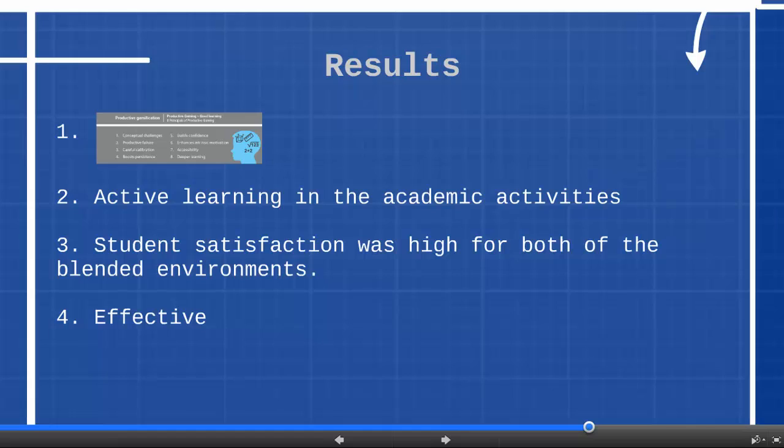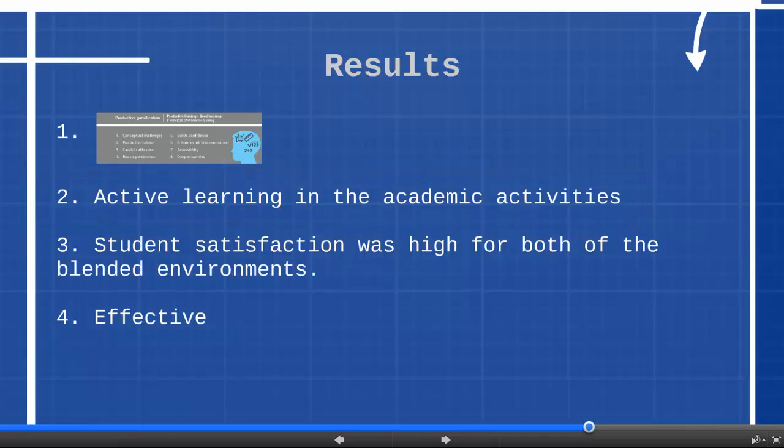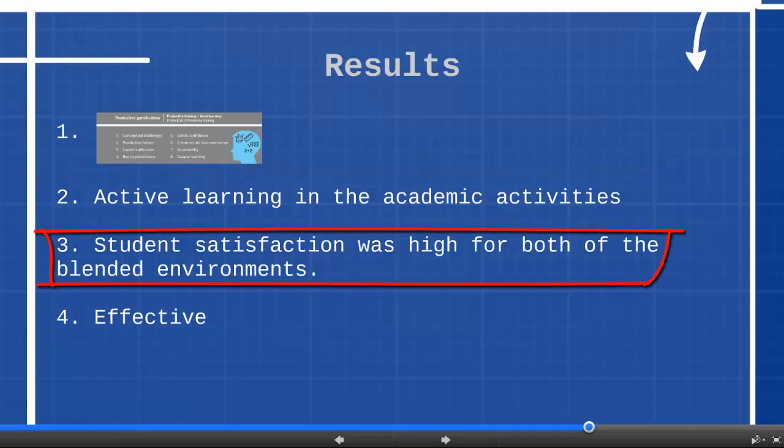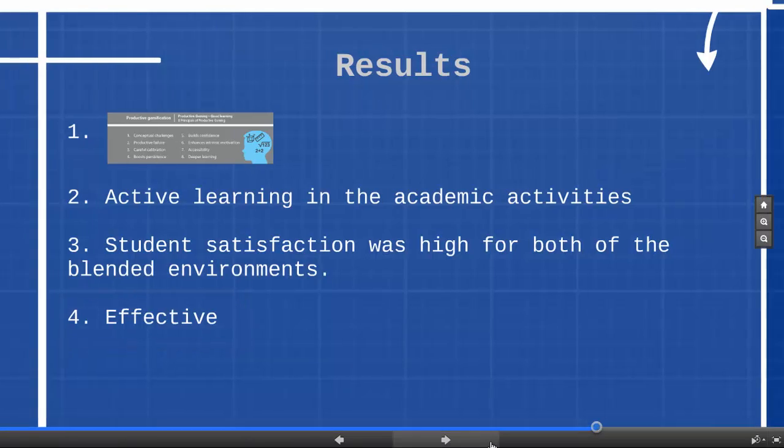For number 2, the data also reported that students said that their active learning in academic activities during the problem-based environment was significantly higher because of the amount of time they chose to spend on the academic activities. And for number 3, student satisfaction was also at a high for both blended learning environments, the lecture-based and the problem-based. And as a result, both blended learning environments were effective.